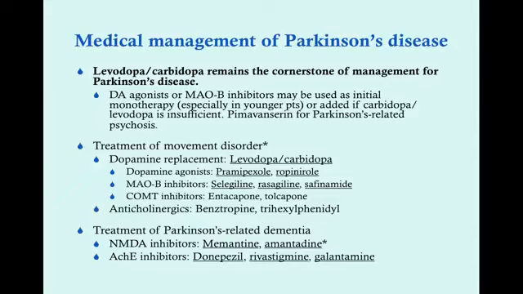But for the USMLE, I would still stick with carbidopa levodopa. You can also add these too, and in addition to that, the COMT inhibitors, you can add if carbidopa levodopa is insufficient.